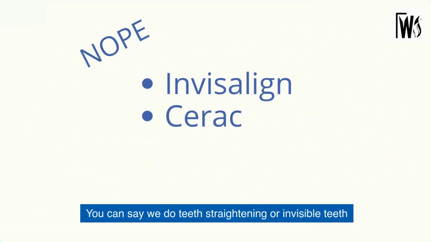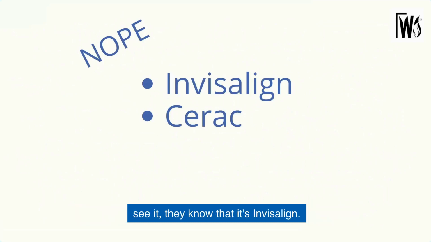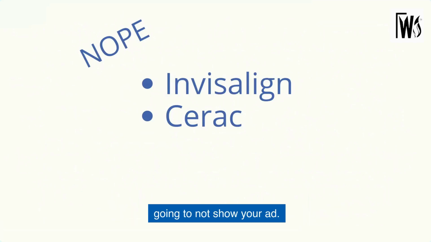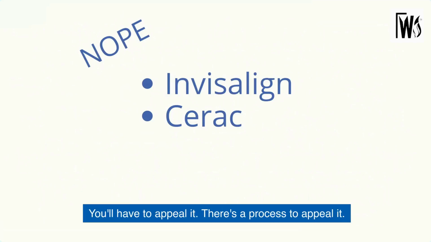You can say we do teeth straightening or invisible teeth straightening or some descriptive word that when people see it, they'll know that it's Invisalign. But these will get your ad flagged, and as a result, it's going to not show your ad. You'll have to appeal it. There's a process to appeal it.